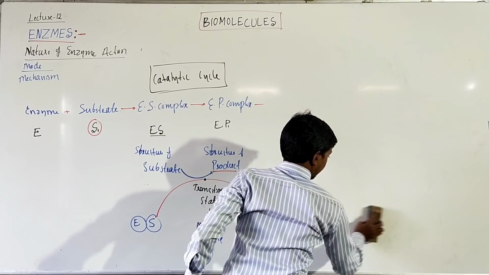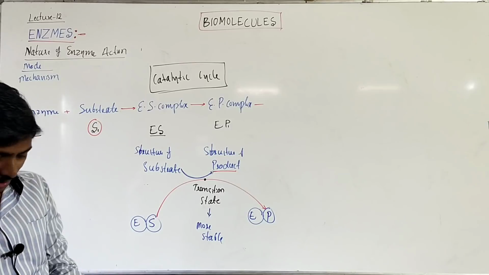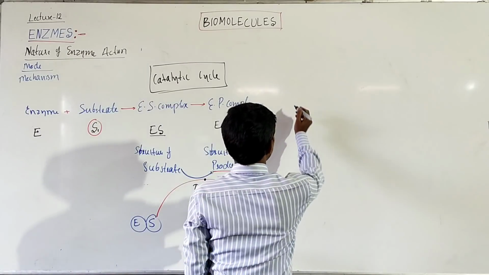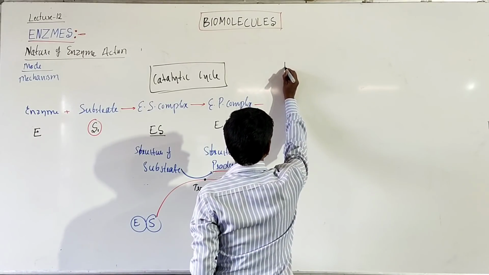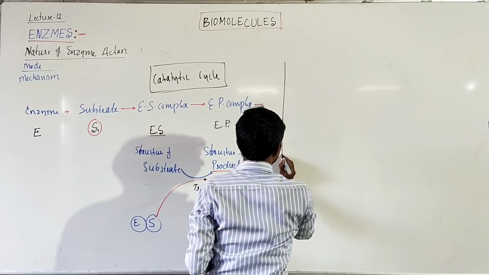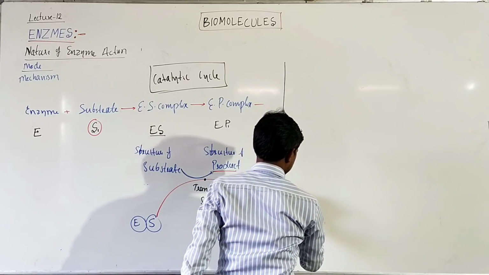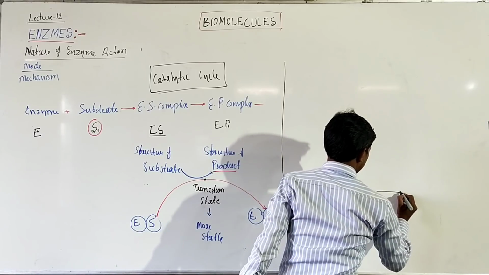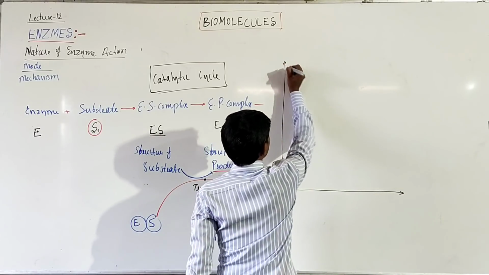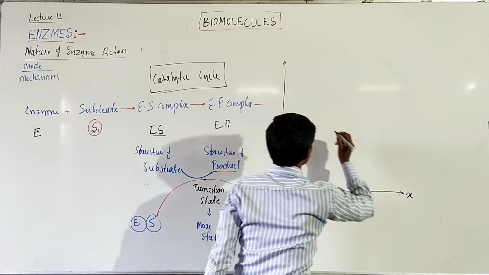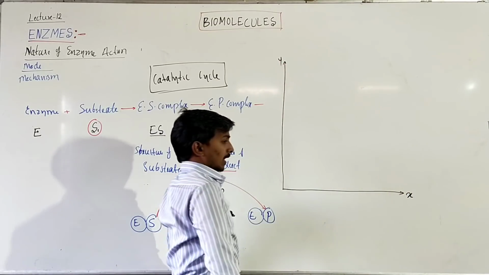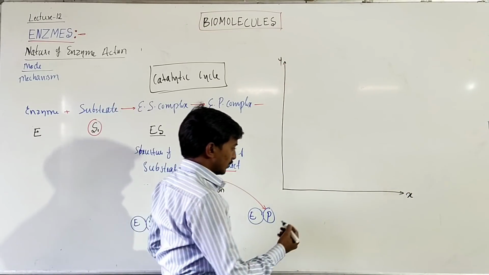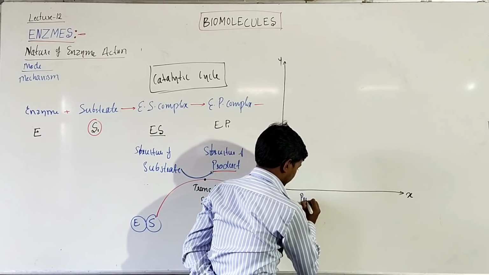So let us draw a small graph. This is the x-axis, this is the y-axis. On the x-axis we will take the progress of the reaction.